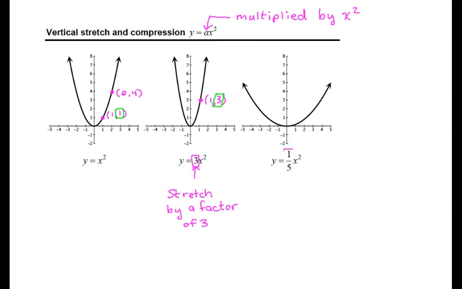If we look at instead something like this, y equals 1/5 x squared, now that x squared is multiplied by a fraction that is smaller than 1, then this is going to be shrunk by a factor of 1/5. So where we had the point 1, 1 on our original, we now have 1, 1/5 or 0.2.